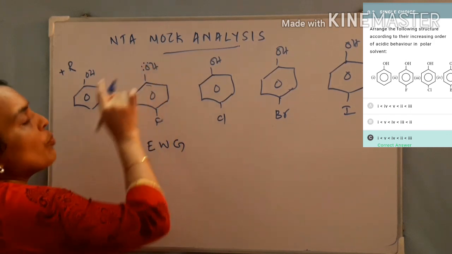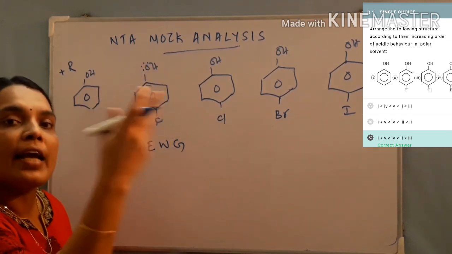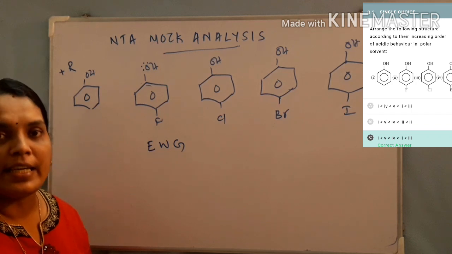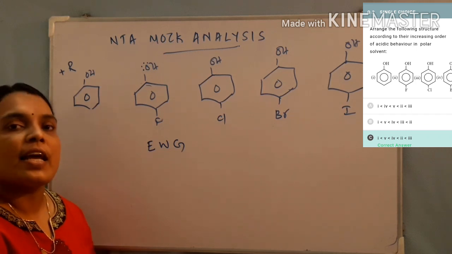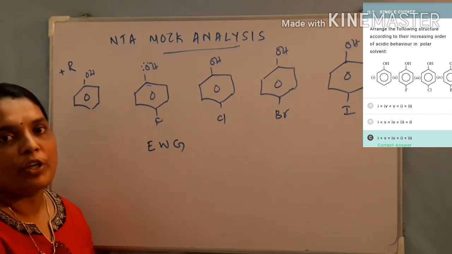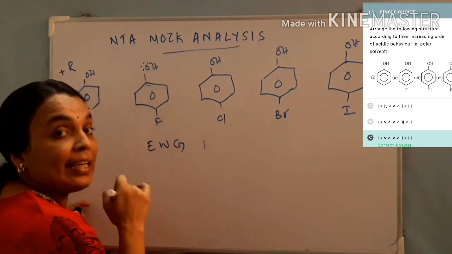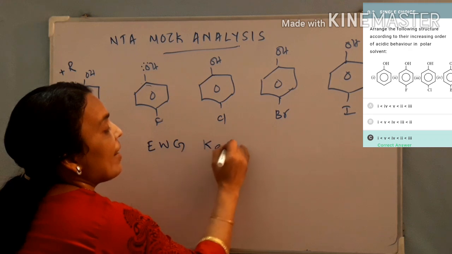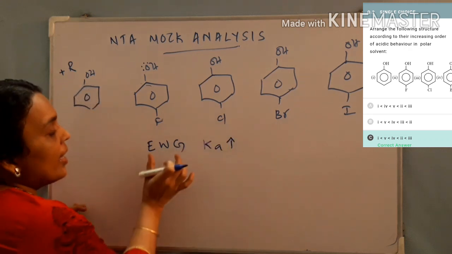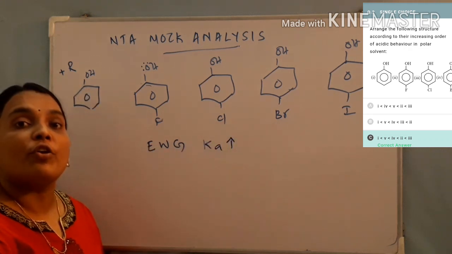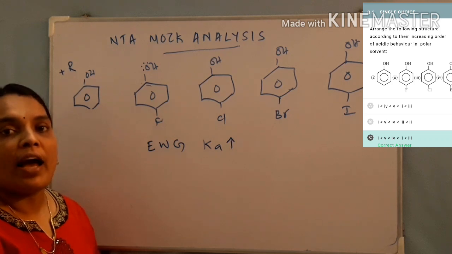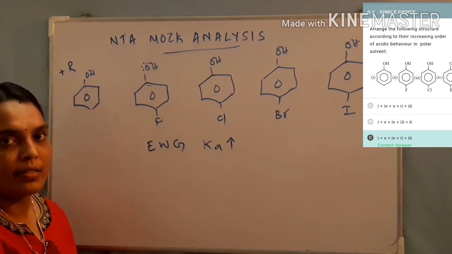So the OH bond will break readily and H plus ion is released easily. That is why we can say that in the presence of an electron withdrawing group, acidity increases, that is, the Ka value increases.